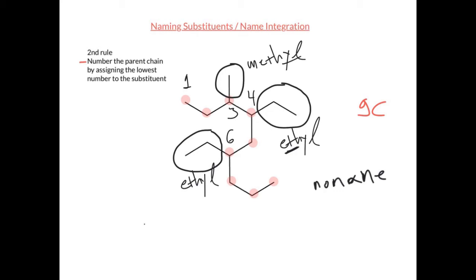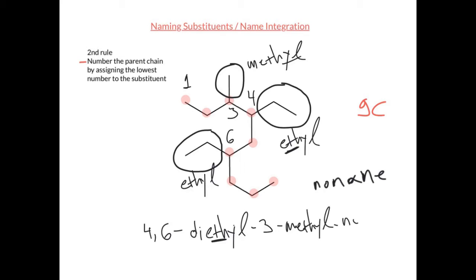So this is going to be 4, 6. Here I have ethyl groups, and because I have 2 ethyl groups, I'm going to write diethyl. Then I'm going to add the methyl group, which is in position number 3, and of course the name of the parent chain, which is going to be nonane. So this one is going to be the name of our compound.